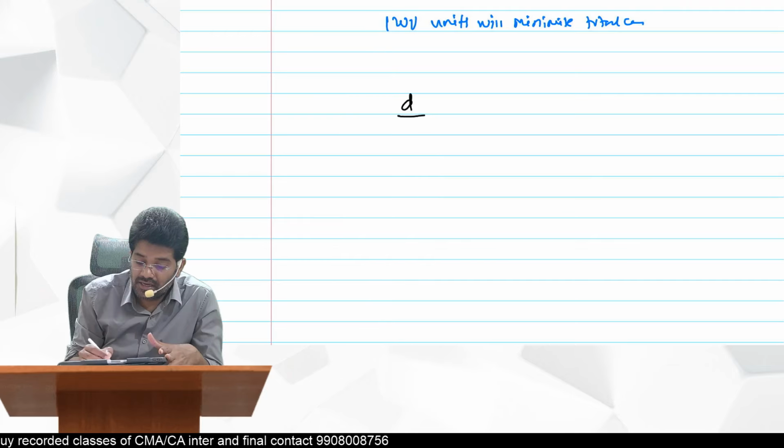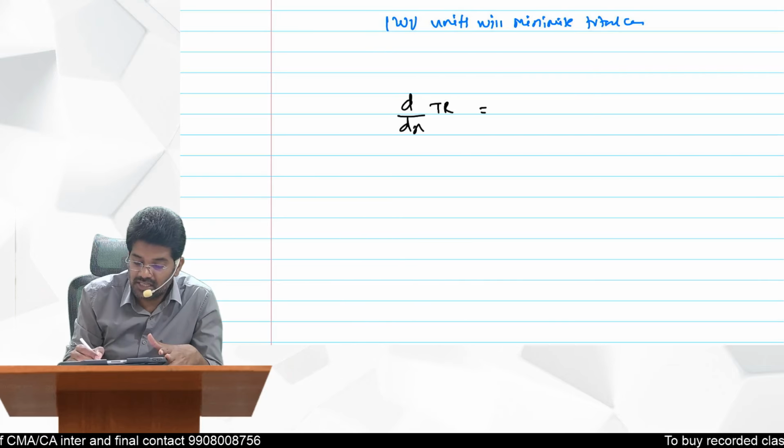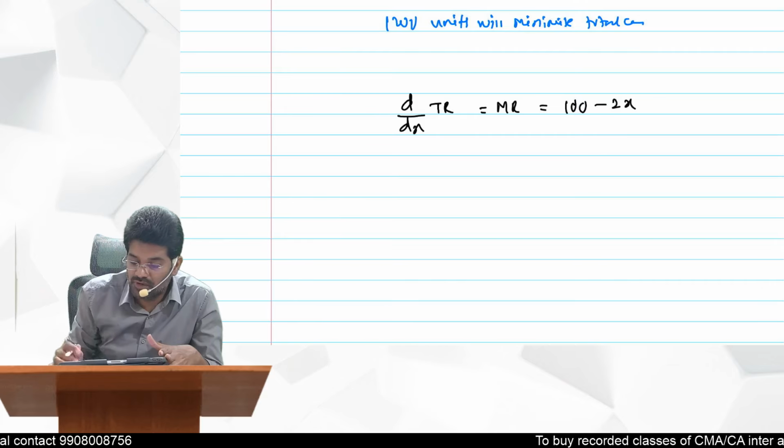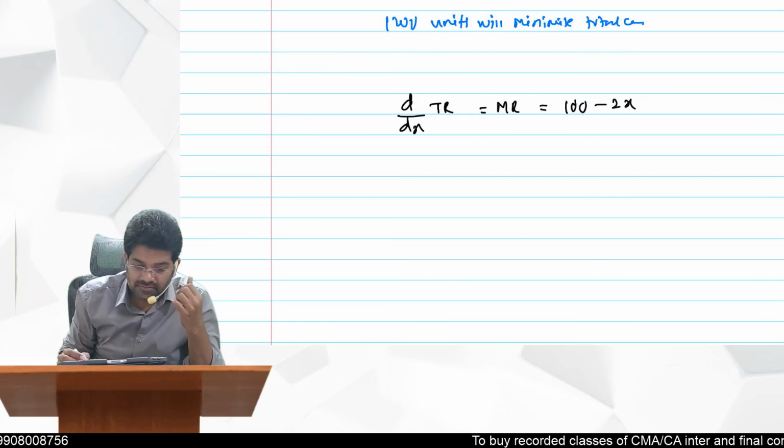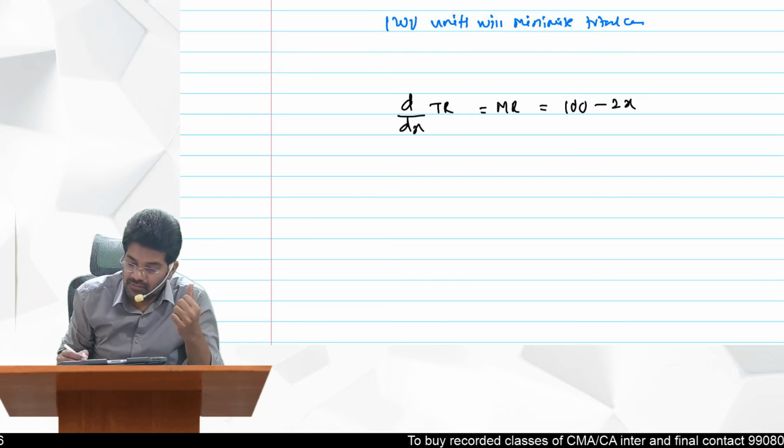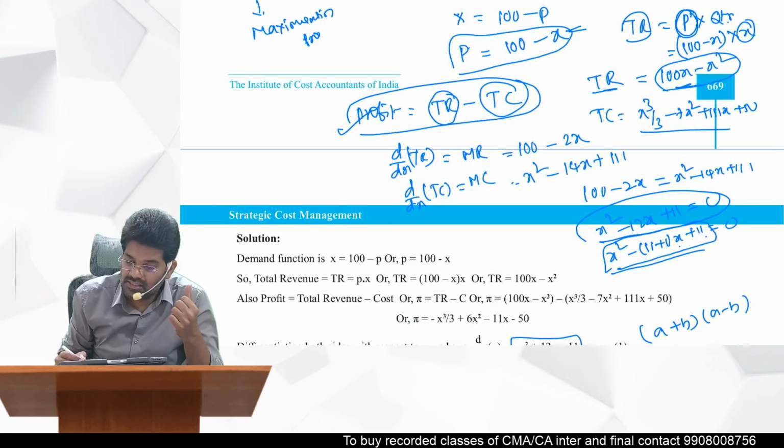d by dx of TR, which is nothing but MR, we got 100 minus 2x.